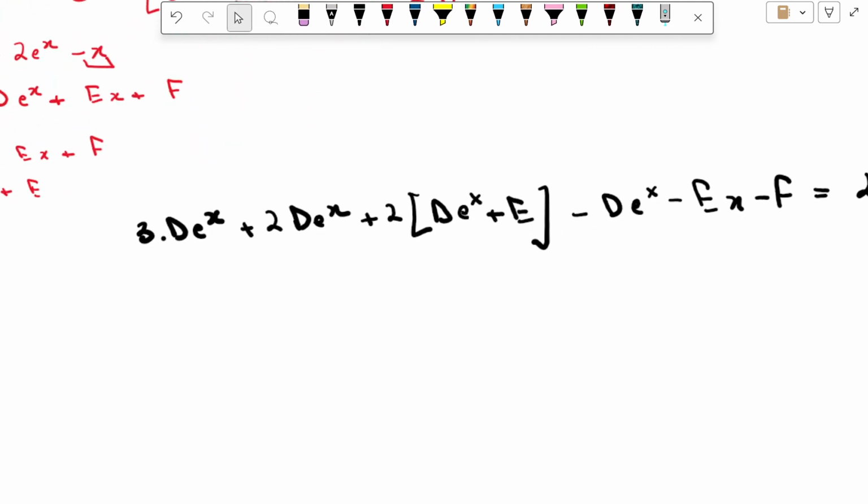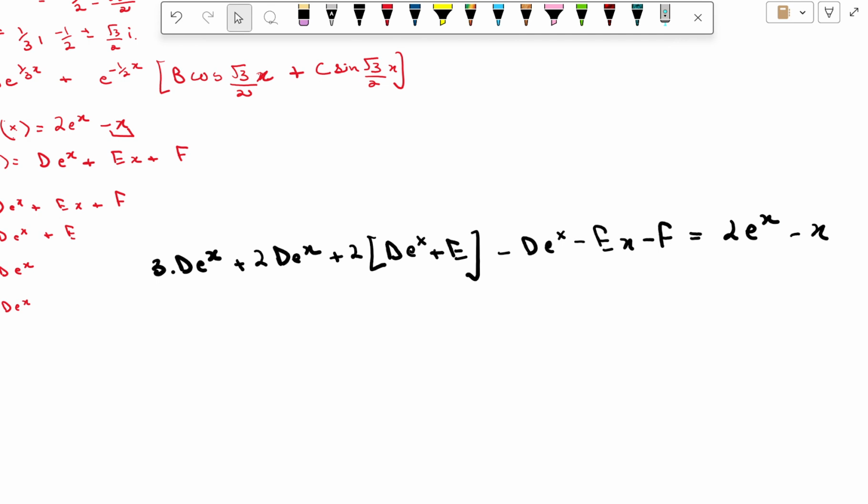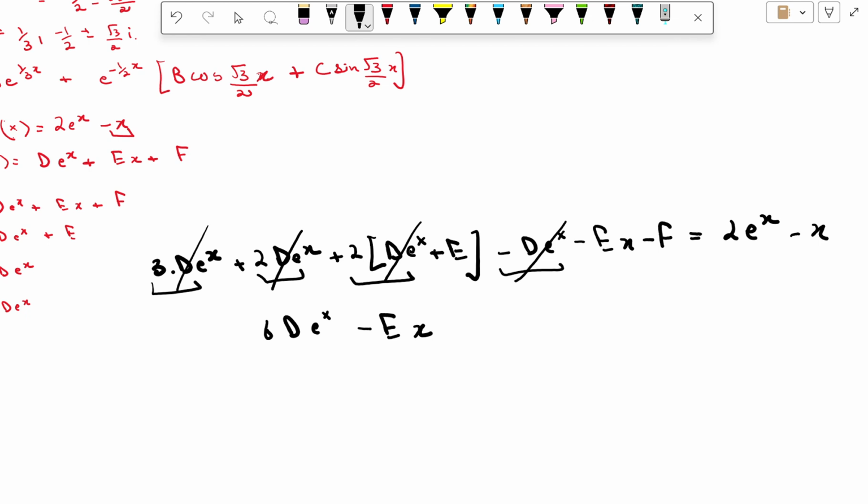We just need to compare now. Let's put all the e^x terms together. So 3 plus 2, 5, plus 2, 7, minus 1, 6 d e^x. And let's put the x terms together, which is only one term, and the constants have two coefficients, 2e minus f.